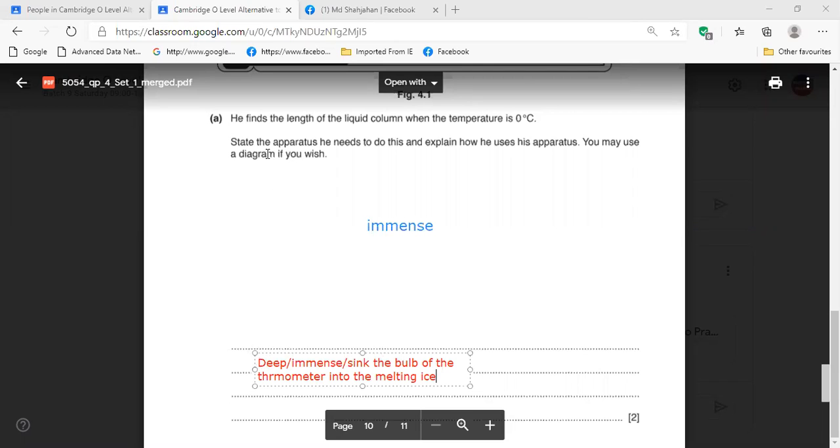They are saying state the apparatus it needs to do this. Supply of ice you can write. That means you are supplying the ice, or you are collecting ice, isn't it? So supply of ice is the apparatus. You are collecting ice, or collection of ice, or supply of ice.